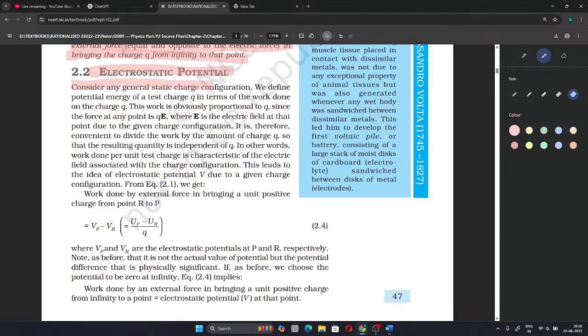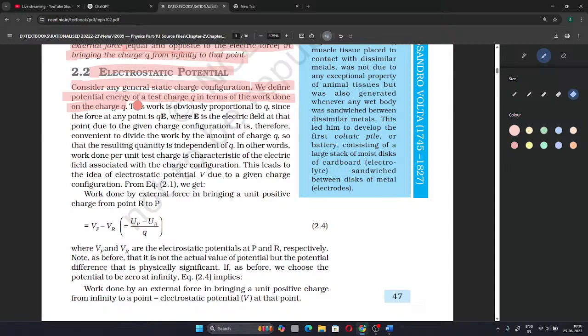Consider any general static charge configuration. We define potential energy of a test charge Q in terms of work done on the charge Q, as we saw in this equation here.